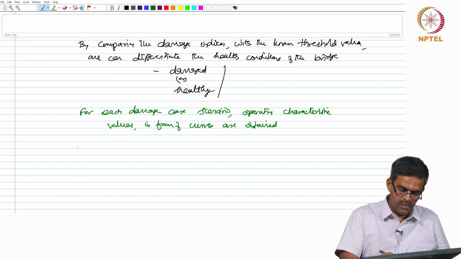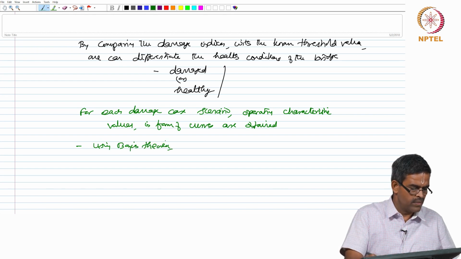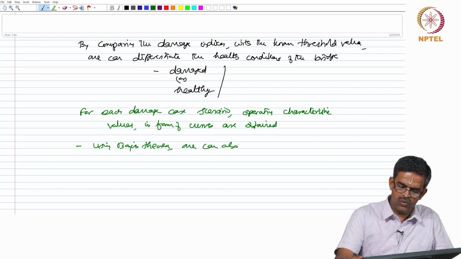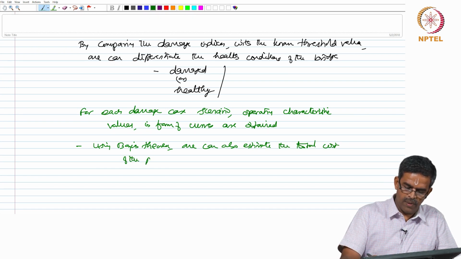Then, using Bayes' theorem, one can also estimate the total cost of the proposed methodology.